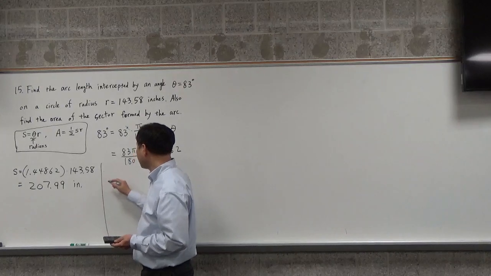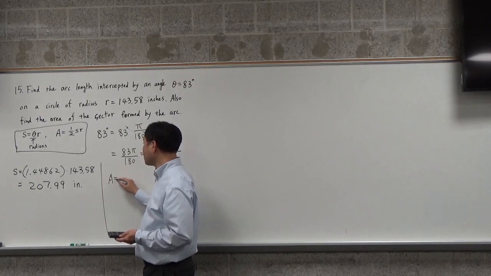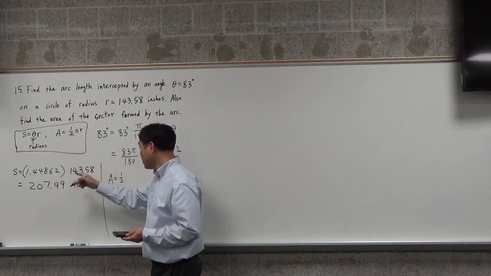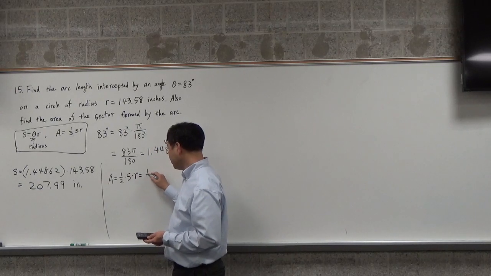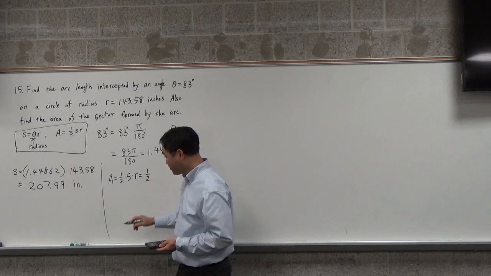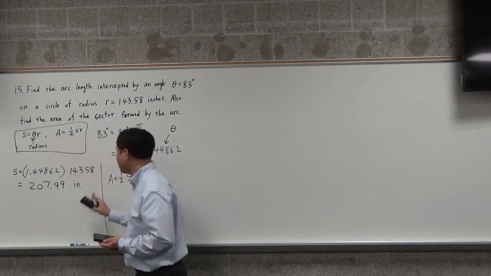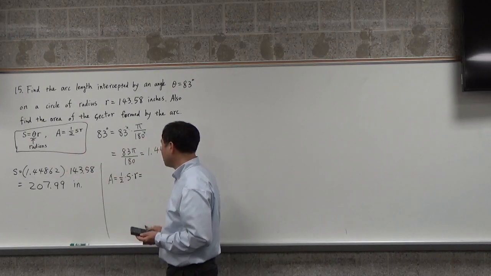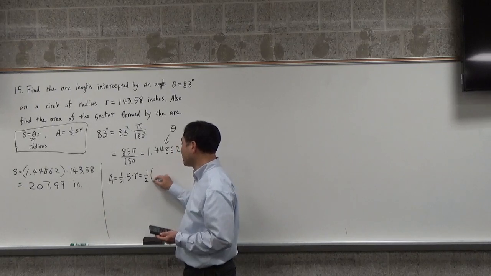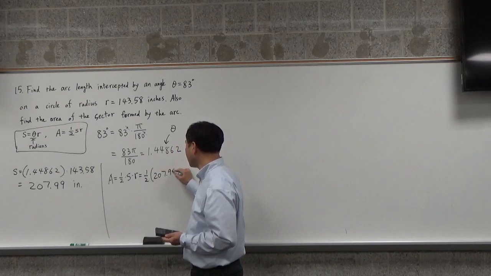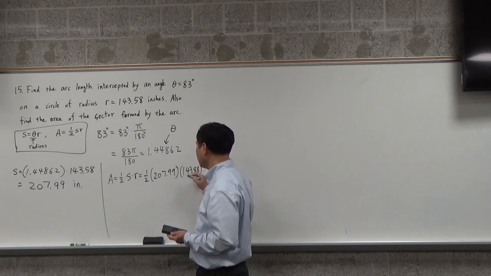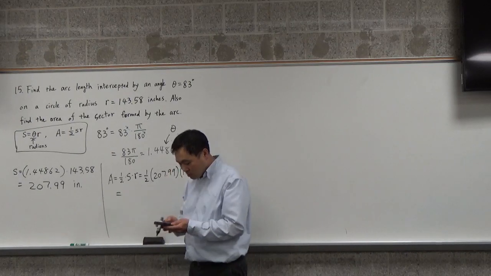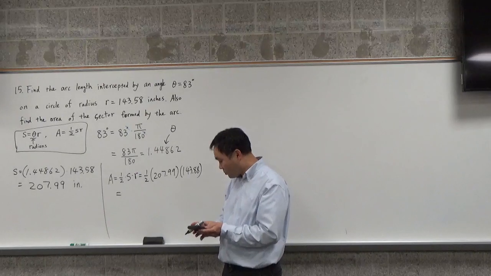Now we do sector area. Area is equal to 1/2 times this value S times R. R is again 143.58. So 1/2 times 207.99 times 143.58.